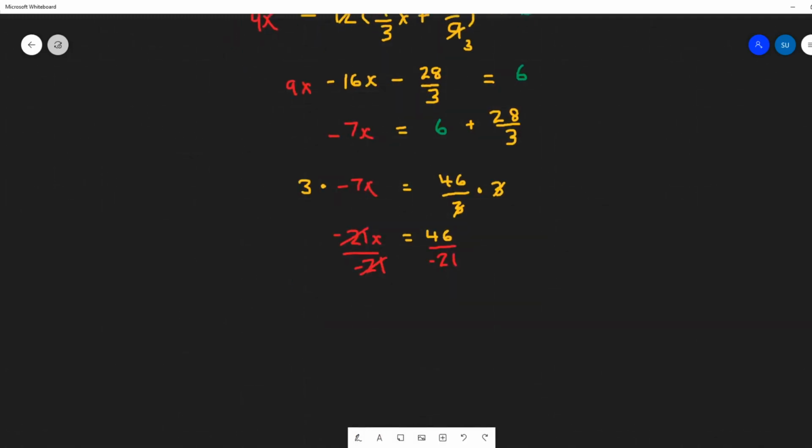And now we're left with a very weird and improper fraction for our x value. But that is the solution for our x. So now we can move on to our y value.